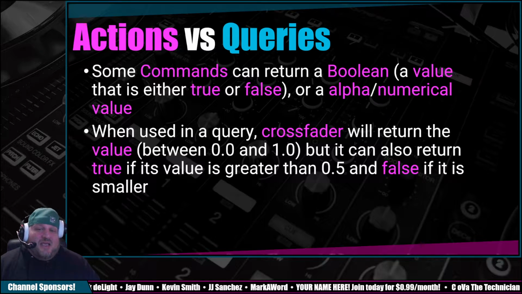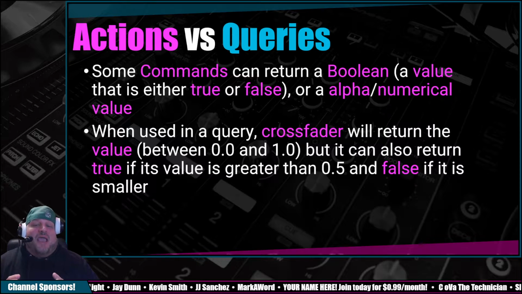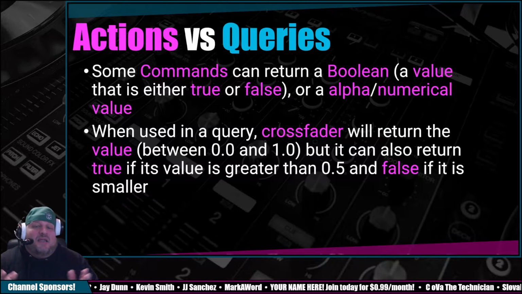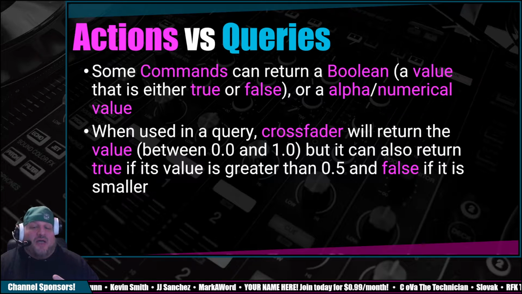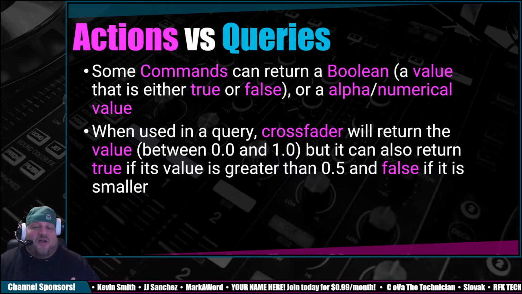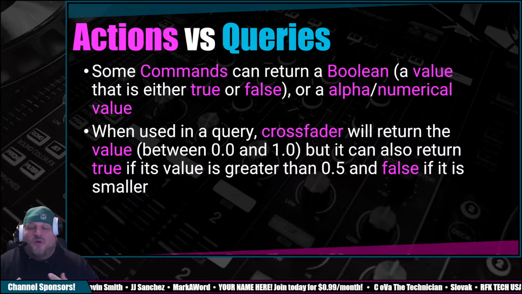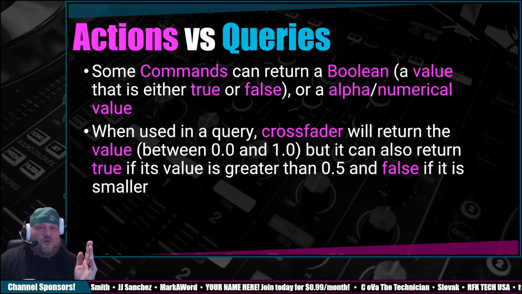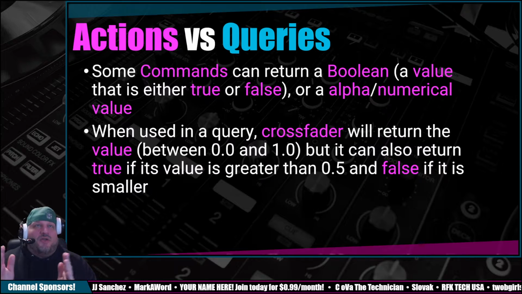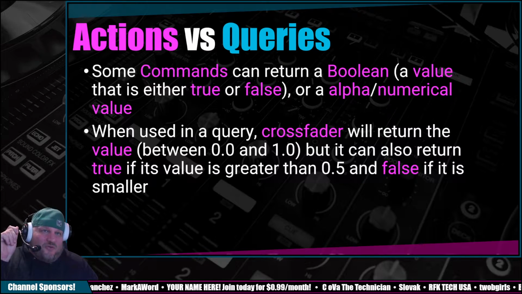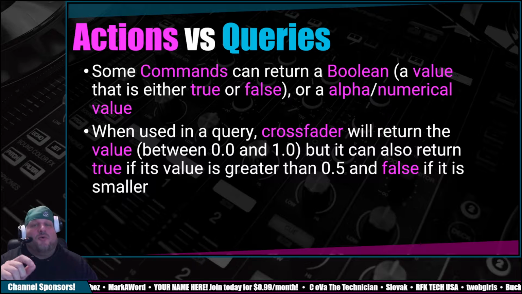All right, so again, some commands can return a boolean. A boolean is a value. It's either true or false, or an alphanumerical value. For the crossfader, if you're doing a query on it, it will return a value between 0.0 and 1.0. So if my crossfader is in the middle, it's at 0.5.